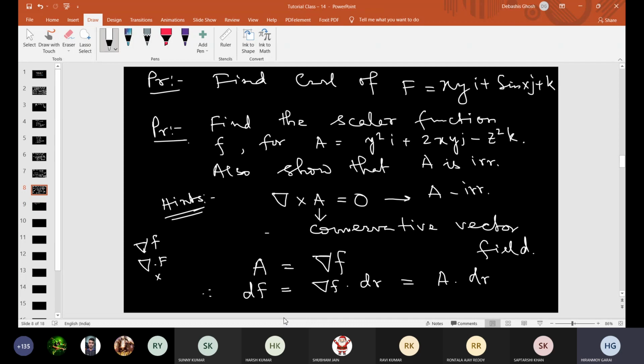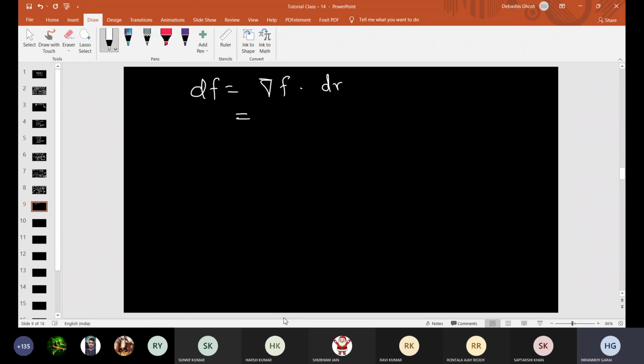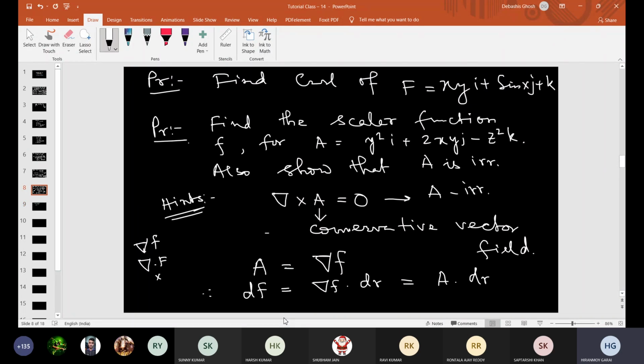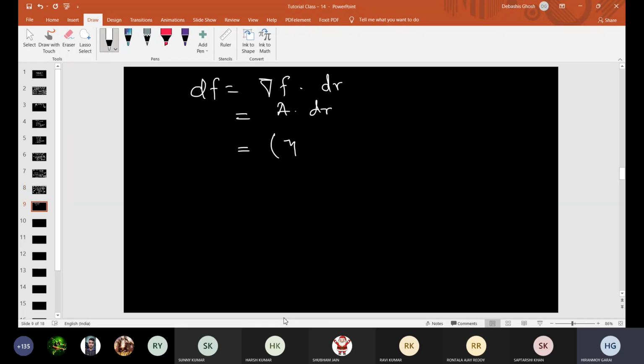Okay. So you have df equals grad f dot dr. As the vector field is conservative, we can get one scalar function, so grad f comes to be your A. That is represented by A dot dr. This A is equal to y square, 2xy, minus z square, dot i dx, j dy and k dz.